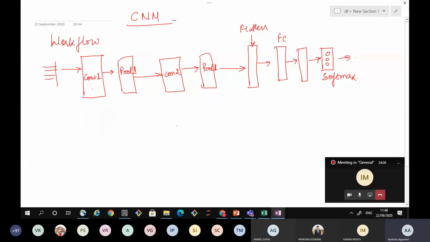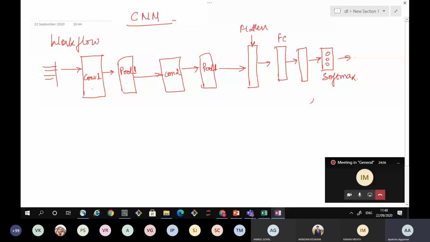There is no hard and fast rule of how many layers there should be, but the sequence is that after a convolution layer you should have a pooling layer, then a fully connected layer, and then a softmax layer, or people also use sigmoid over here. Generally we use softmax because softmax is for multi-class classification.